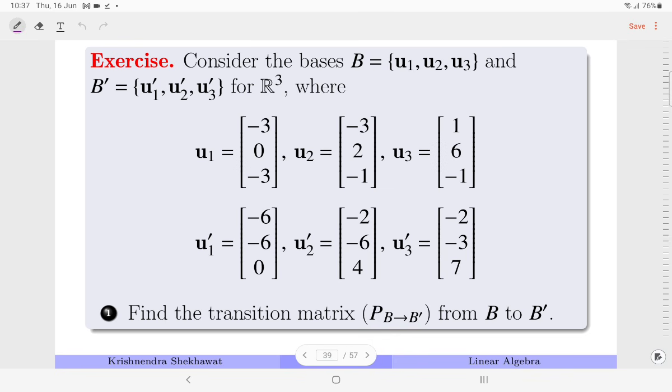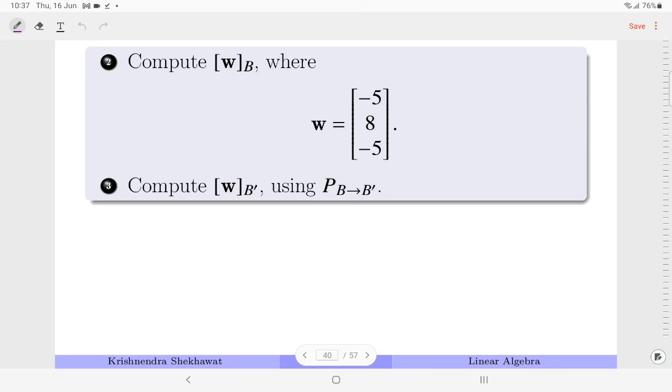So for example, if I have to compute P B to B dash, then I write B dash on the left hand side, which is minus 6 minus 6 0, minus 2 minus 6 4, minus 2 minus 3 7, and then minus 3 0 minus 3, minus 3 2 minus 1, and 1 6 minus 1. Then I compute its RREF.